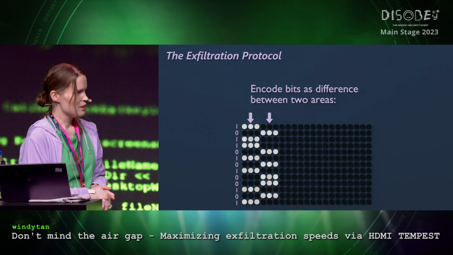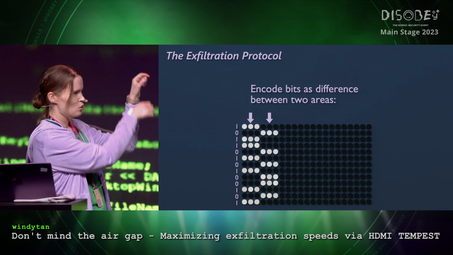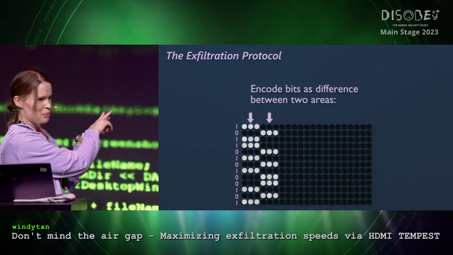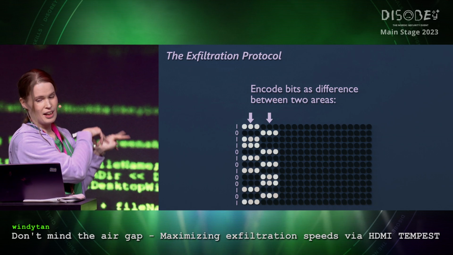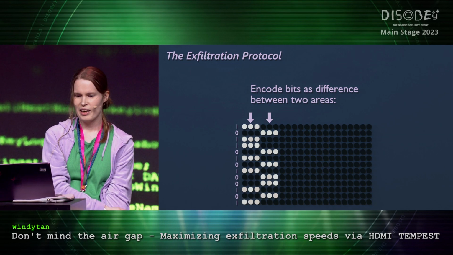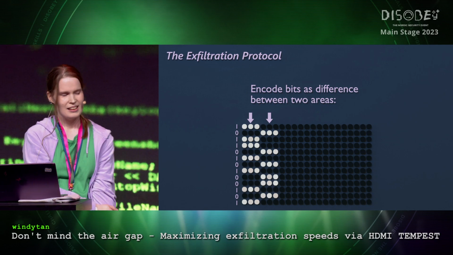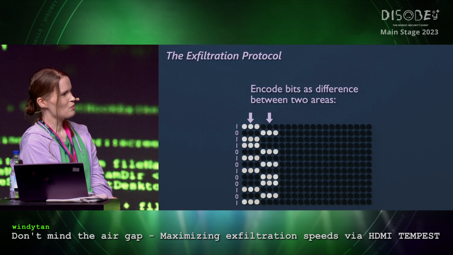What I came up with was I could have two stripes on the screen, and the difference in amplitude between one and the other stripe would mark bits. And yeah, this seems to work.